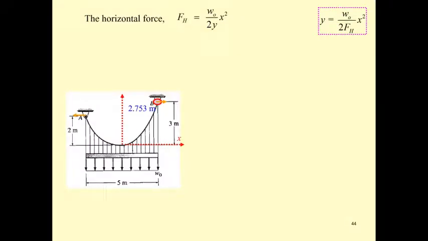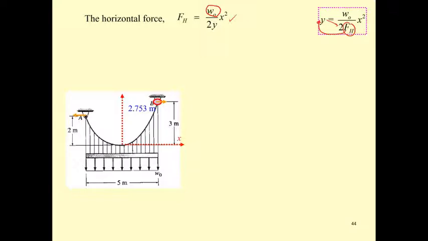Now the verb is changed. We are looking for what? We are looking for this one. From this we need to move the horizontal force up and put the y back here, so we arrive here. What we have is the coordinate of x and y.